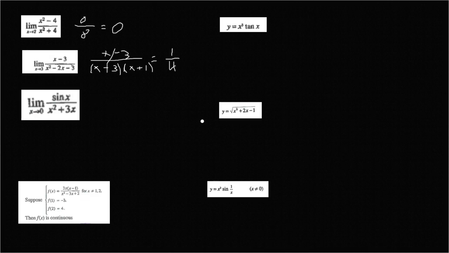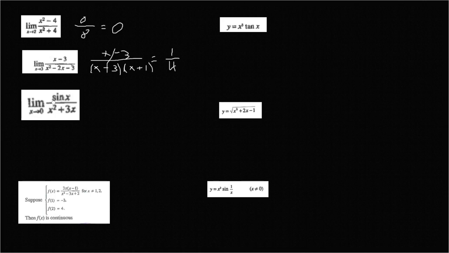So if it's at infinity, then you can do something with that. But let's see here. So this will be, sine 0 is 0, so this will be 0 over 0.